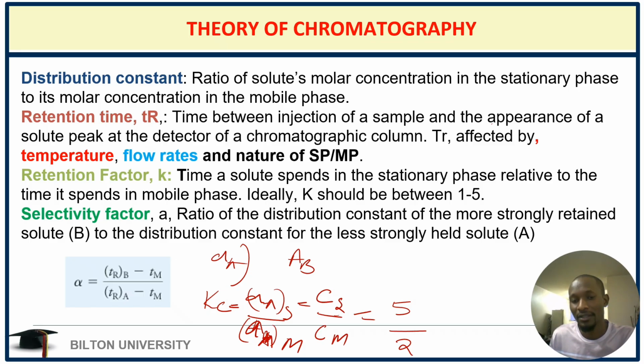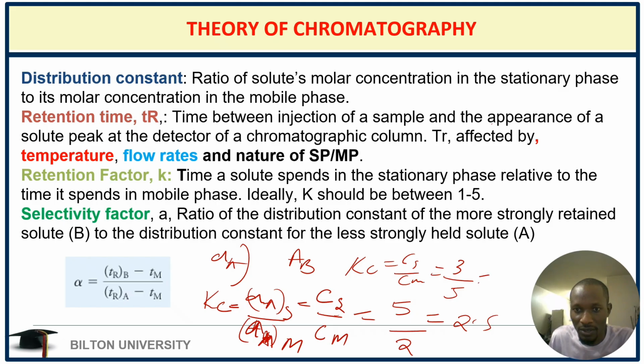Then we can calculate our Kc, and in this case, Kc is going to be 5 divided by 2, that's going to be 2.5. And in the case where our Kc, which is Cs over Cm, has a Cs, the molar concentration of solute in the stationary phase, of 3, while the molar concentration of solute A in the mobile phase is 5, that's going to give us a Kc value of 0.6.